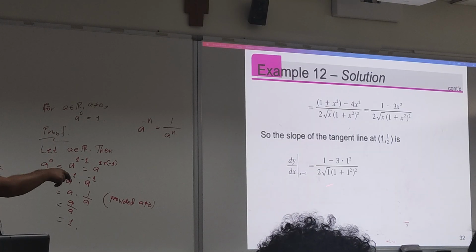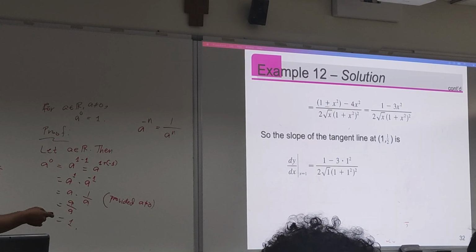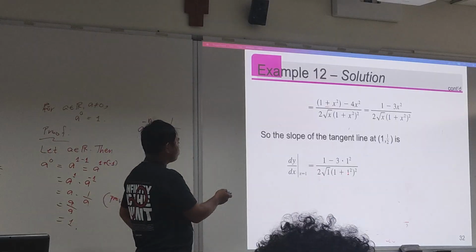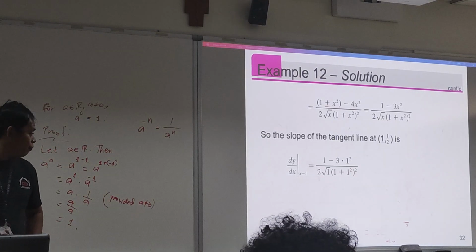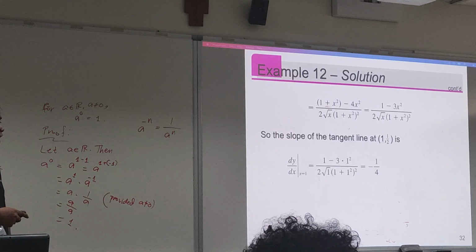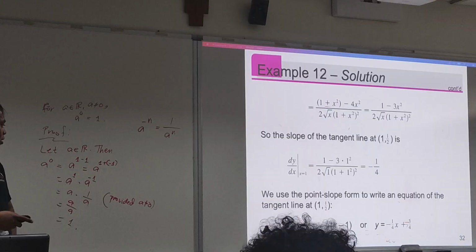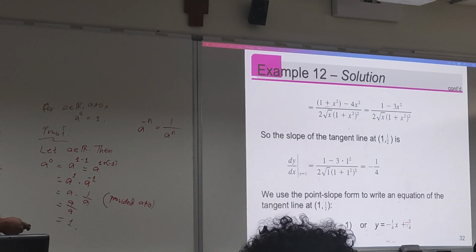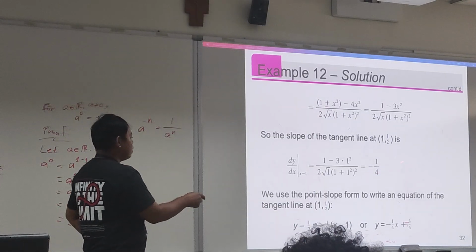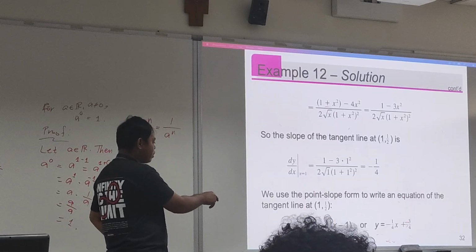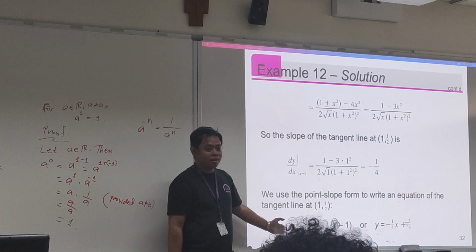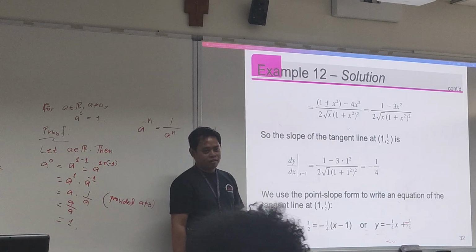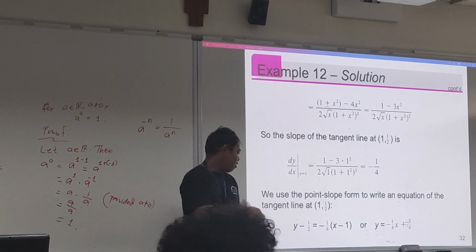So what is the slope of the tangent line? It is just 1 minus 3 times 1 squared divided by 2 square root of 1 times 1 plus 1 squared, quantity squared. And with that, that's just negative 1/4. So you use this slope here, and of course this given point, so we have the point-slope form. This will be the corresponding equation of the tangent line.